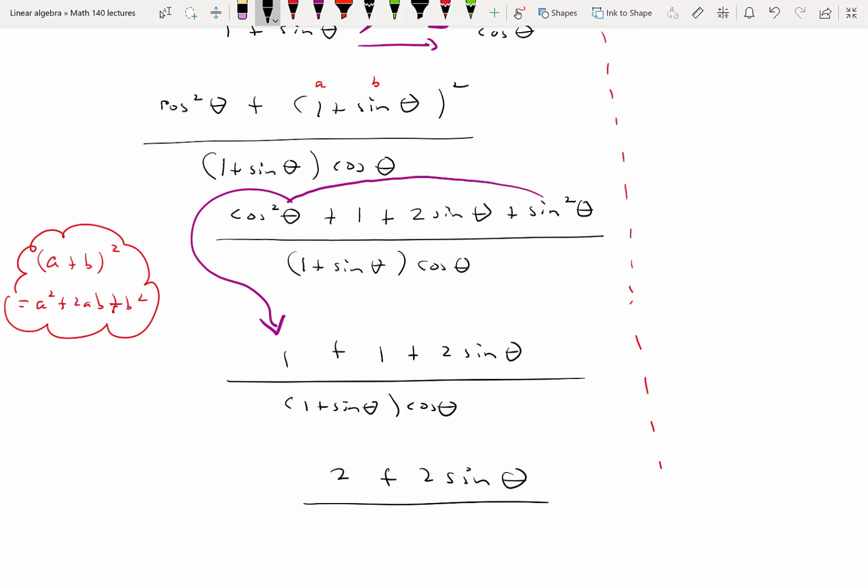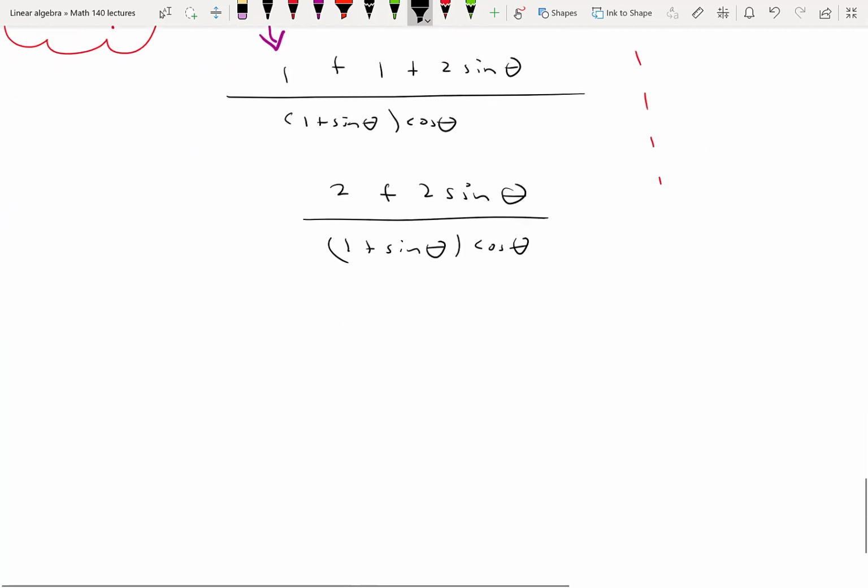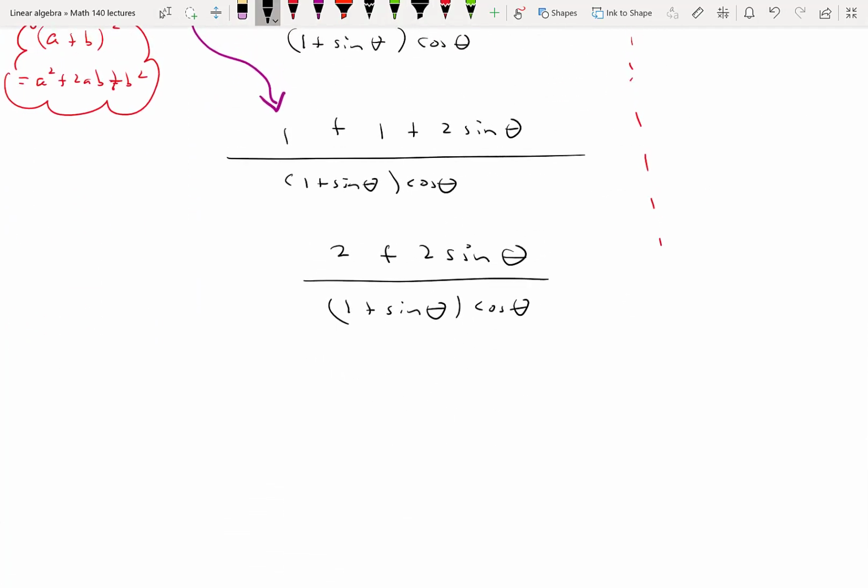It's got to be. There's not much left we can do. All of this somehow has got to boil down to 2 secant theta. Well, there's our 2. Doesn't seem like there's a secant theta. Well, there's a 2 twice. There's a 2 as a greatest common factor.